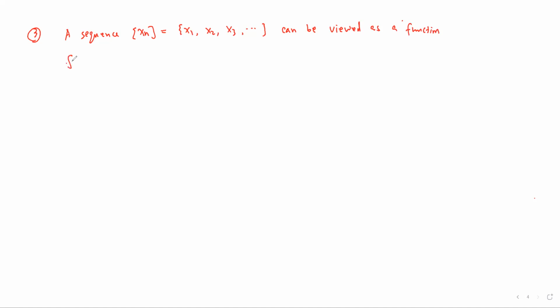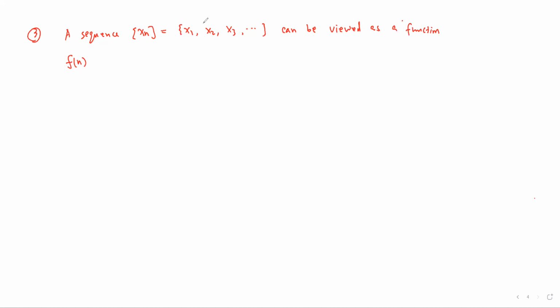Say f of n, where the independent variable n assumes natural numbers 1, 2, 3, 4, 5, 6, and so on. When n is 1, the function value is x1.